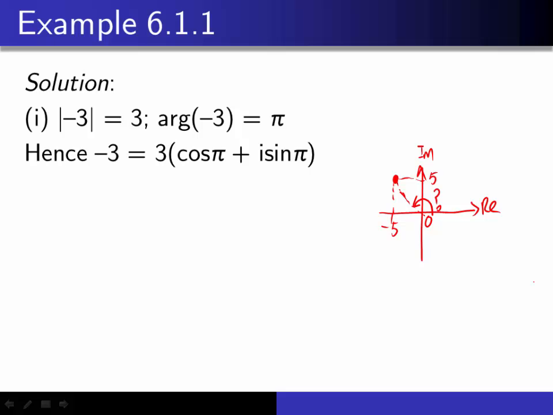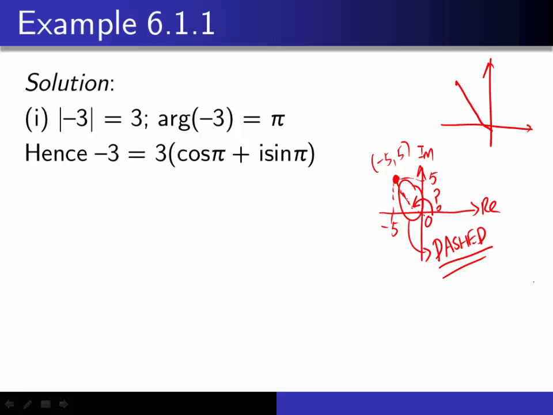Just to point out, when you draw this line segment linking the origin to the point representing the complex number, make sure it is a dashed line segment. You should not draw your complex number in this manner, where it's a continuous line segment.